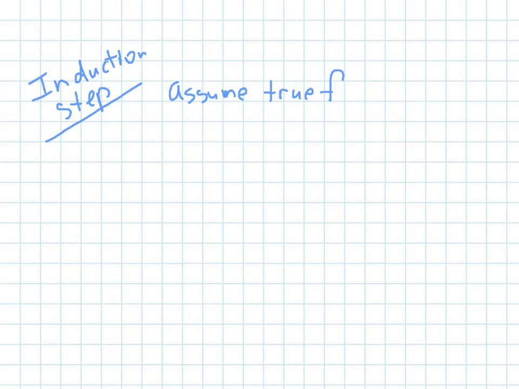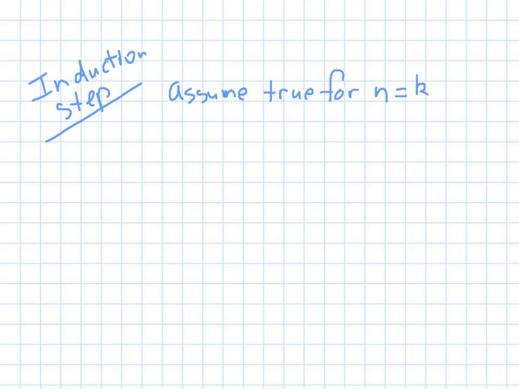And the induction step will have 2 parts every time. The first part will be to assume true for n equals k.